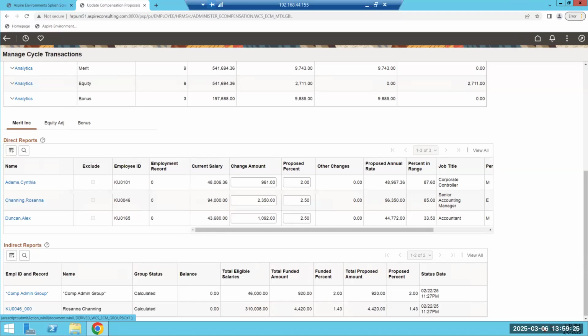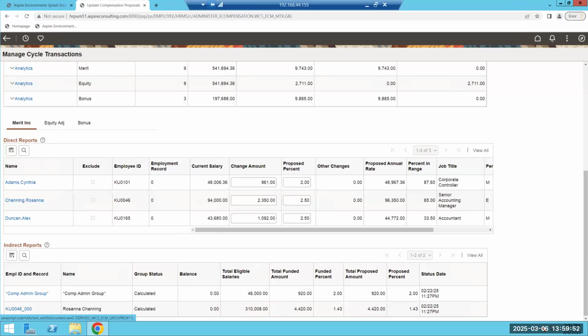And there are a lot of companies that will do a lump sum in lieu of a merit. So for example, if I'm above my range, I'm maybe not going to get a base pay increase, but I'm going to get a lump sum amount. Well, that can be handled. You could handle that utilizing the bonus payment capability.